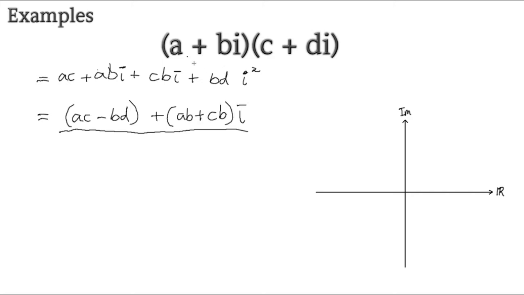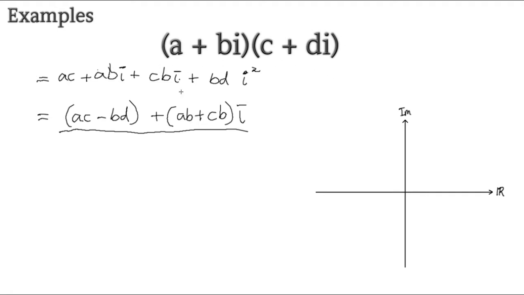What you want to do is to turn this whole thing into, as we have talked about in chapter 2.1, a modulus argument form. So let's do that. From first principles, it's a bit complicated.